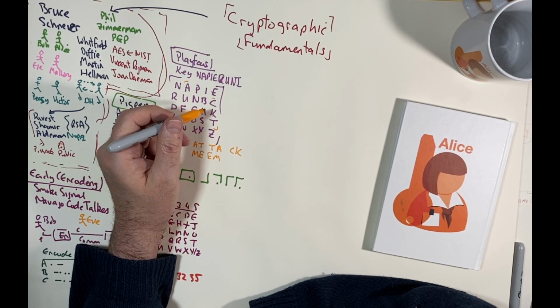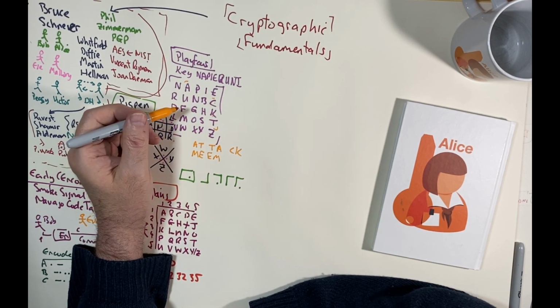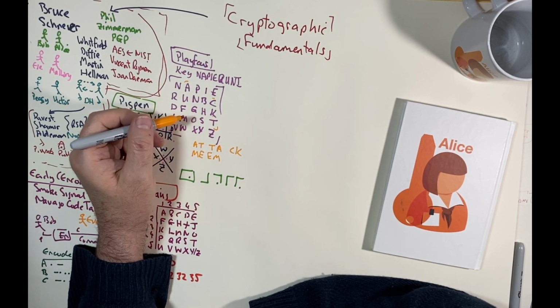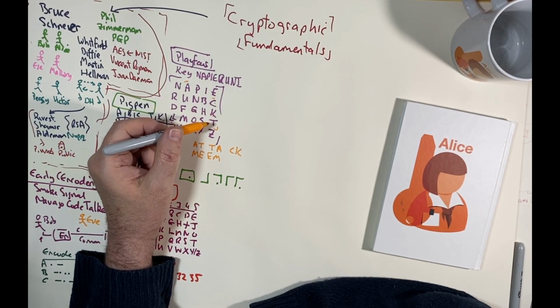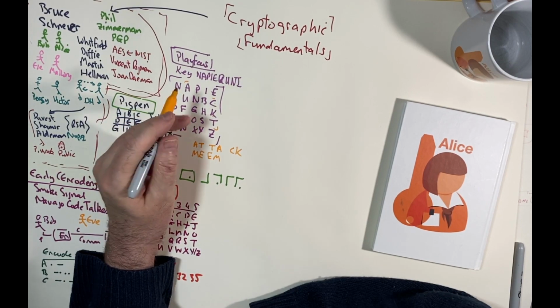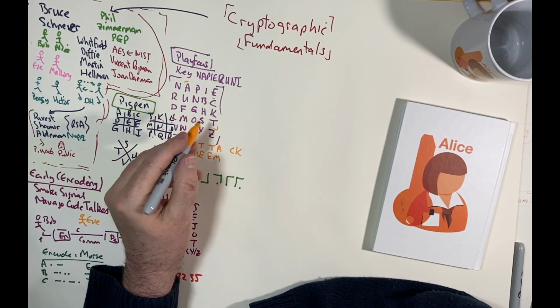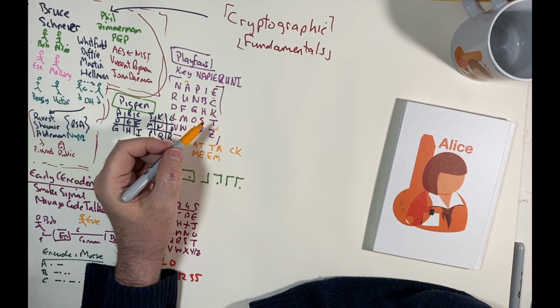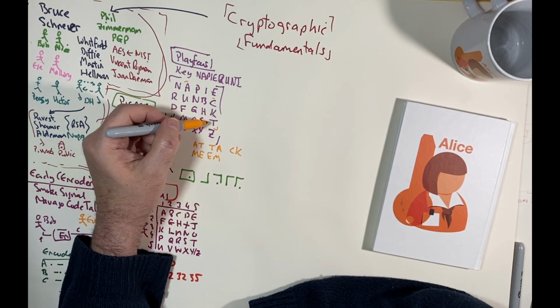So there's a rule that allows us to be able to take the characters which bind these together. So the C and the K becomes the letters beside them.